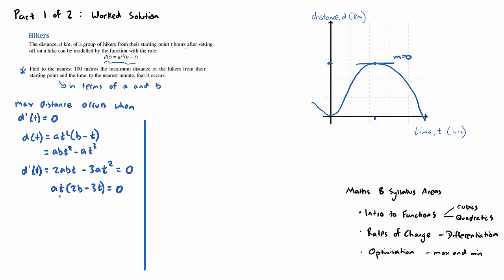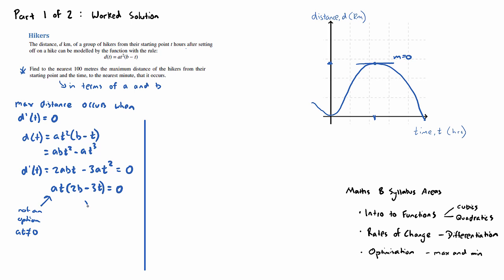Now with the null factor law, either this term here or what's in the bracket will equal 0, because we have two terms multiplied by each other that equals 0. However, this left solution is not an option. At can't equal 0 because time can't be 0, because when they're at the max distance there's going to be some time, and a can't be 0, otherwise this whole function will equal 0 because a multiplies through the lot.